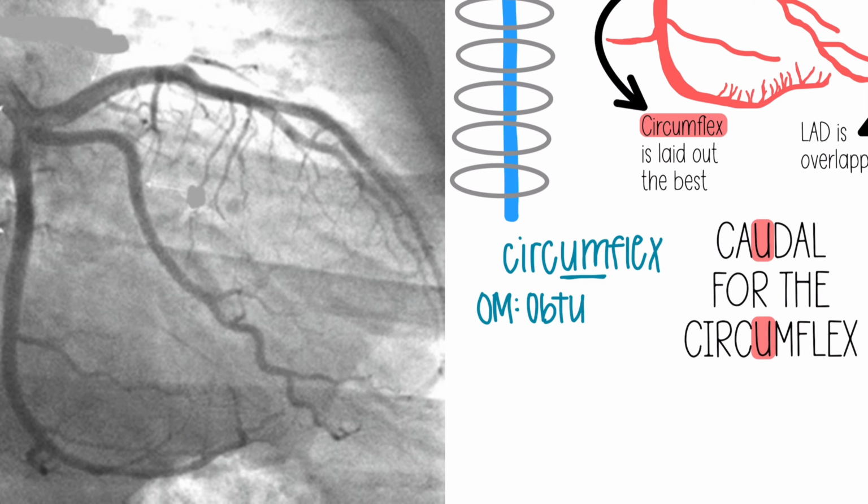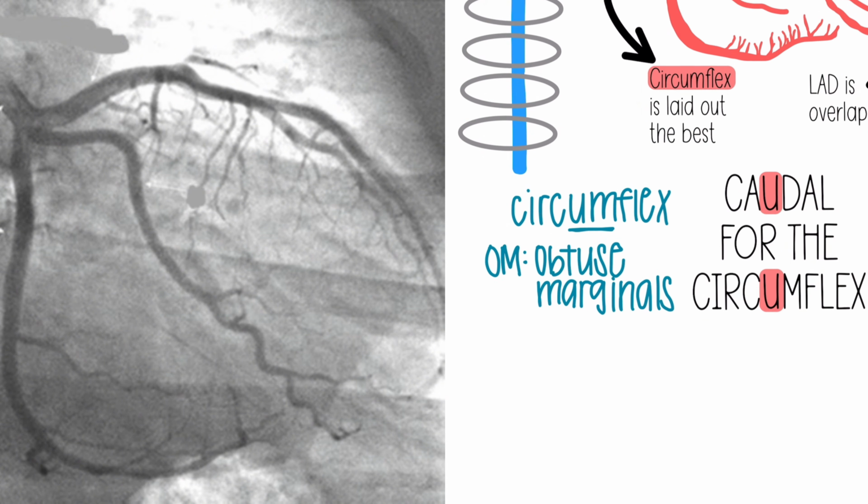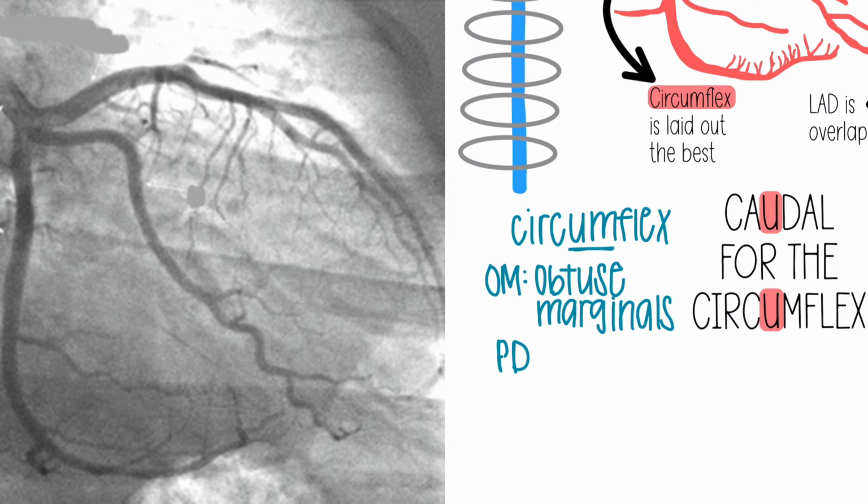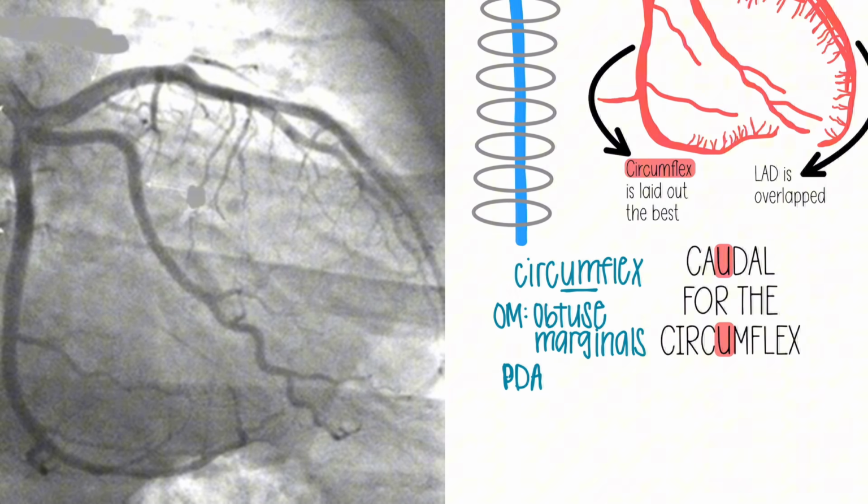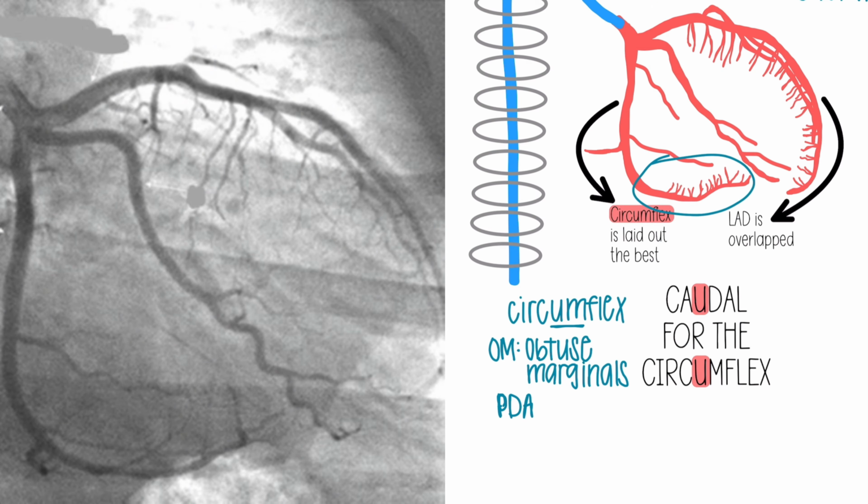And then what sometimes can come off of the circ? Marginals. A PDA, right? And the PDA has septals, the posterior descending artery, if it's a left dominant or codominant system. So this image that we have does have a PDA.